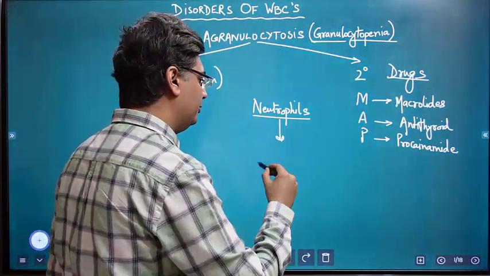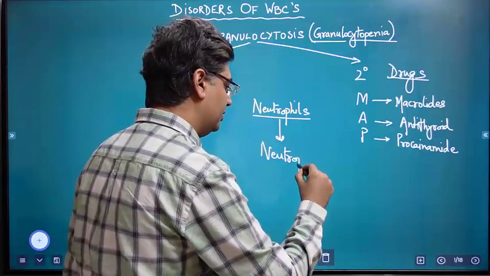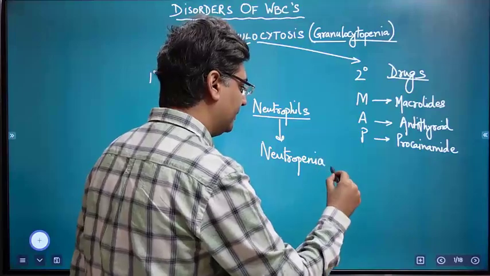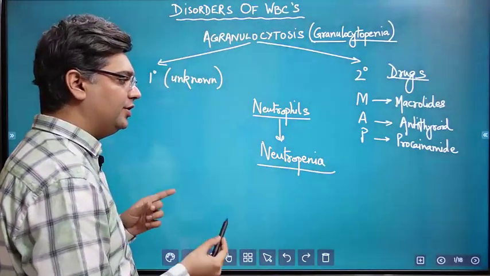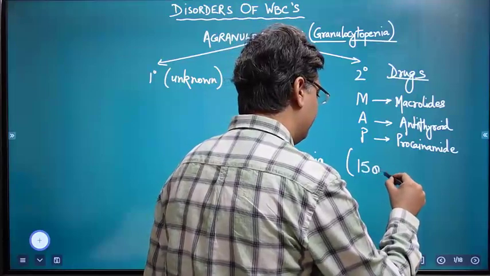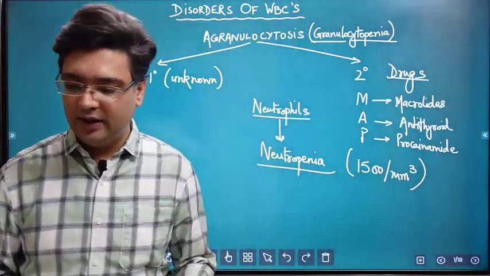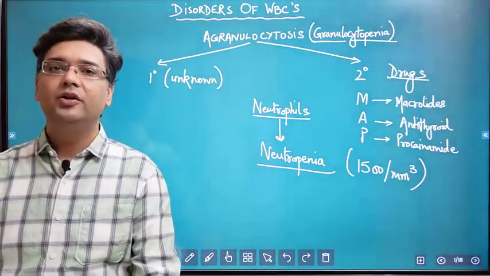Whenever the count of neutrophils goes down, that condition is called neutropenia. In fact, when do we call the condition neutropenia? When the neutrophil levels are below 1500 per millimeter cube, then we call the condition neutropenia.